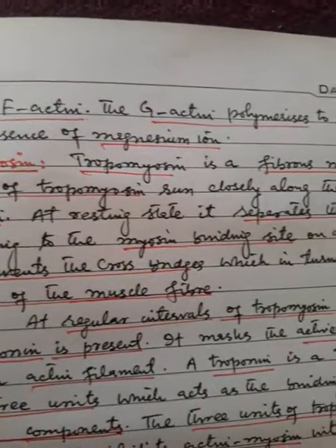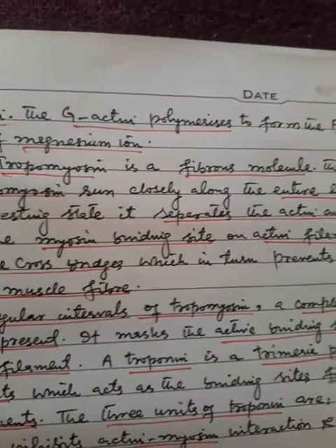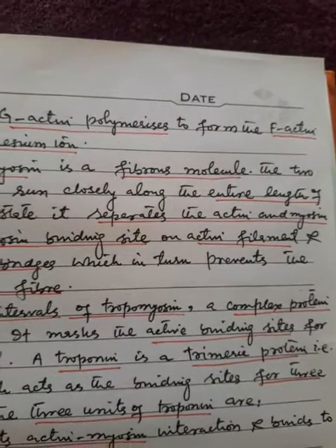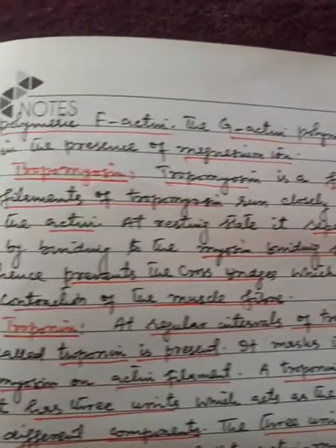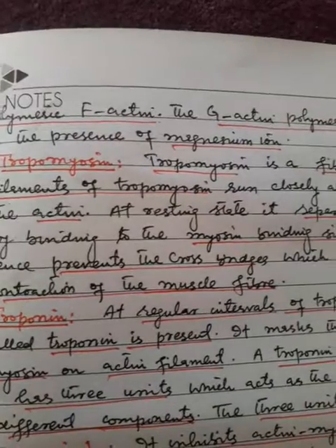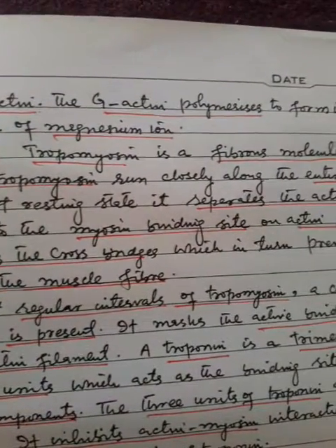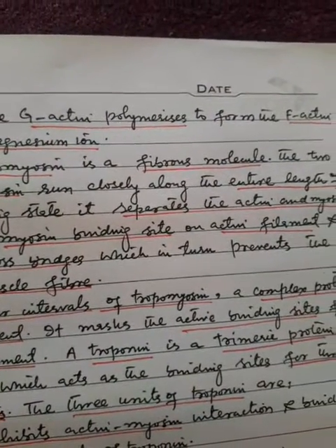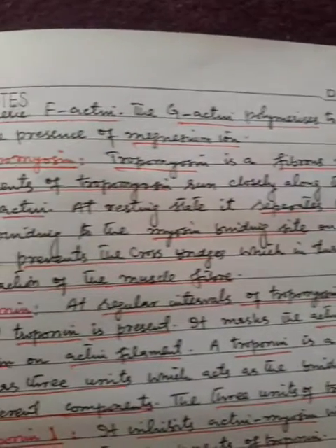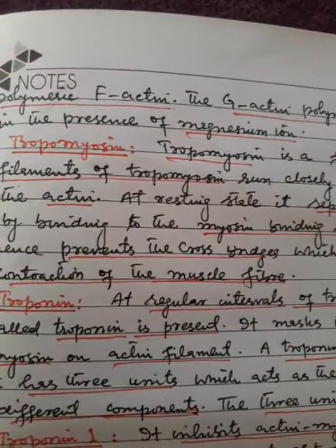Tropomyosin. Tropomyosin is a fibrous molecule. The two filaments of tropomyosin run closely along the entire length of the actin.